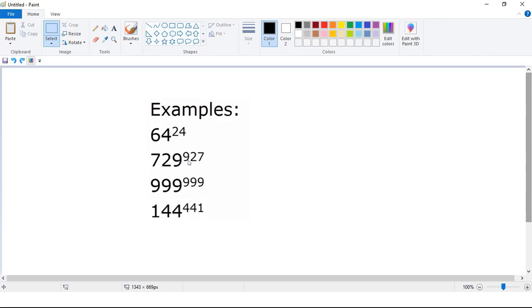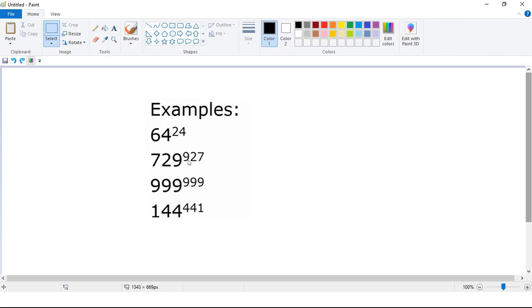Now, 144. This is the base where the last digit is 4, and this whole value's power is 441. Base is 4, power is an odd number. Hence, its answer's last digit is 4.